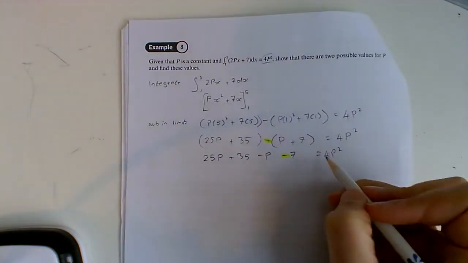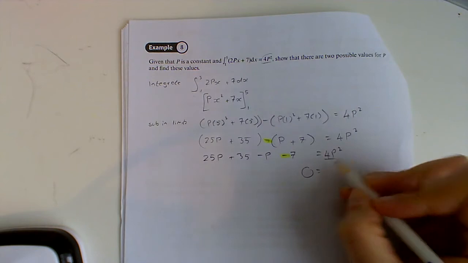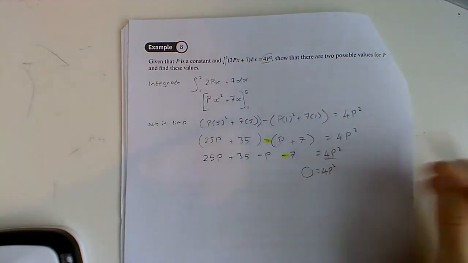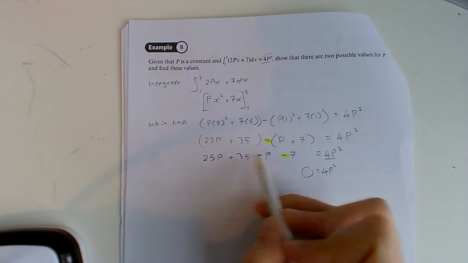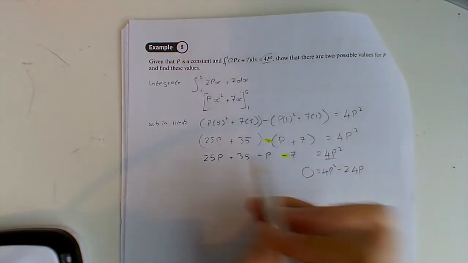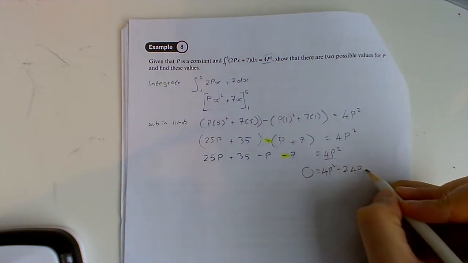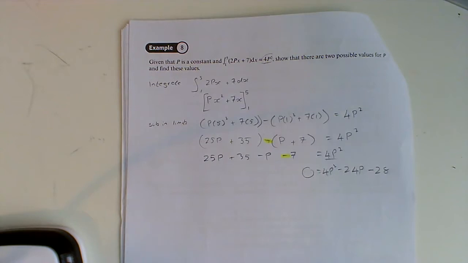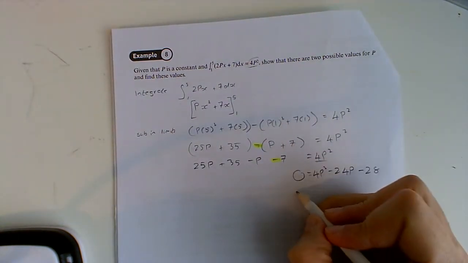Okay, so now what we can do is get everything over onto the right hand side, because that's where we've got a positive p squared. So 4p squared, 25p minus p will equal 24p, so that's going to be minus 24p on this side. 35 minus 7, it's going to give me 28 on that side, so that's going to give me minus 28 over there. And then we can just solve this, okay?